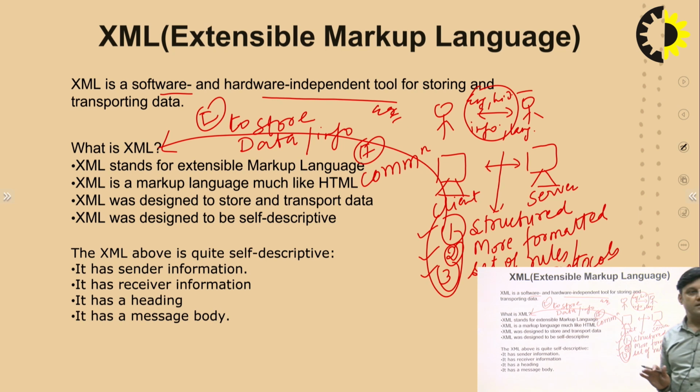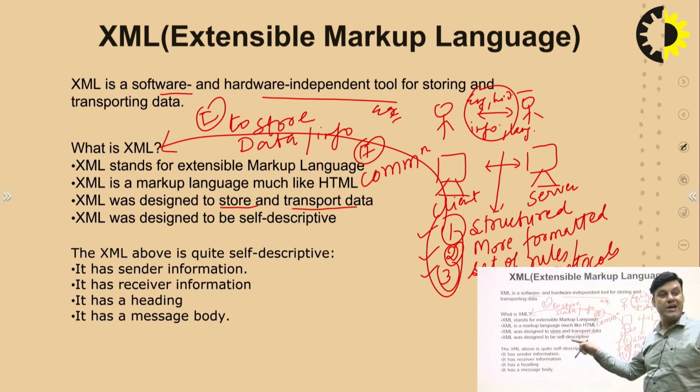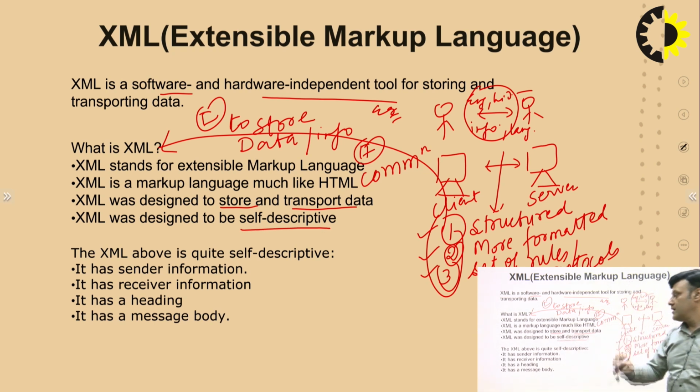So XML, extensible markup language, is a markup language like HTML. I have explained why we say that XML is designed to store and transport data with the help of this example. Okay, XML was designed to be self-descriptive.